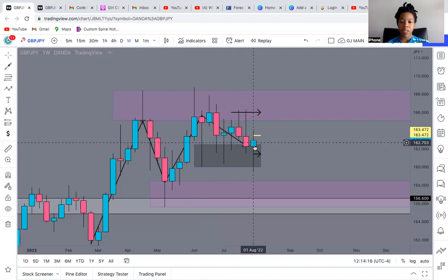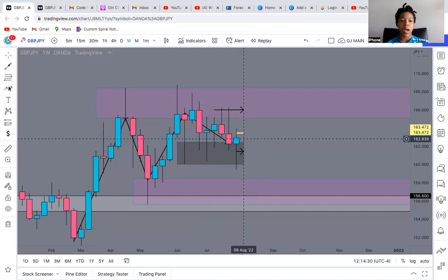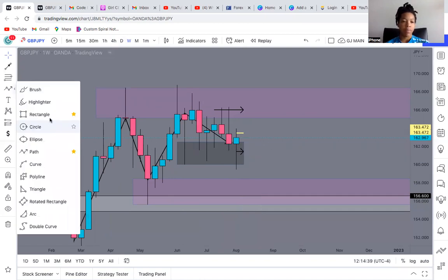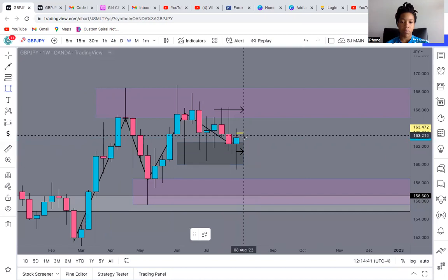And then we see price this past week, this week that just closed, a nice wick to the downside, showing sellers attempted to pull this market down, but then buyers came up and pulled this market back up, closing this market bullish. So looking at this week, I could see a potential pull slightly to the downside, and then for this market to go ahead and finish the week off bullish.